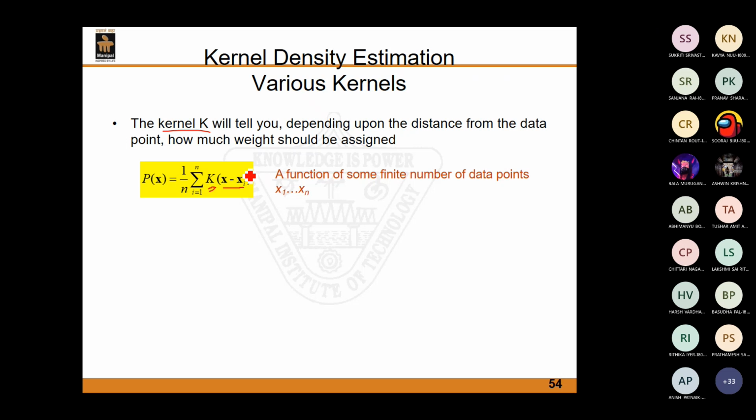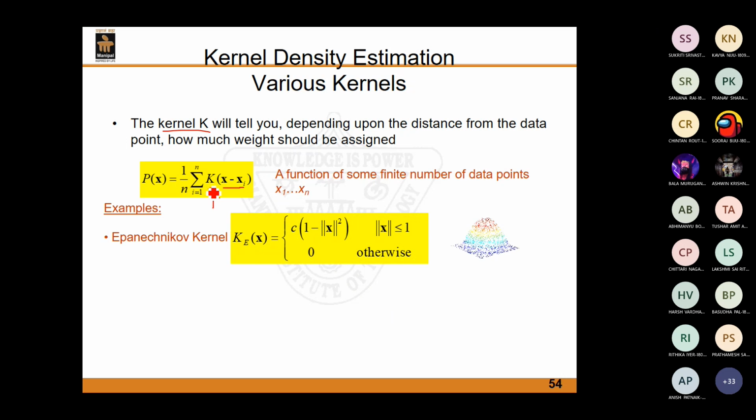In the previous equation, this k was the Gaussian kernel, and that is why you had that exponential term. Now you can also use the Epanechnikov kernel, which is given by this equation: k_E of x is equal to c into 1 minus x squared if mod x is less than or equal to 1, and 0 otherwise.